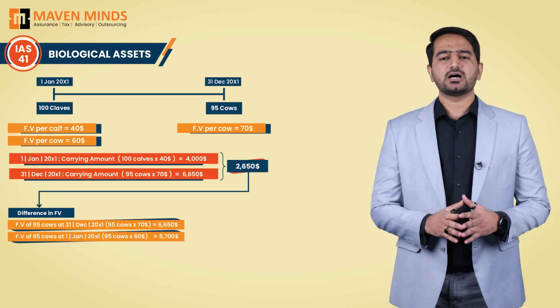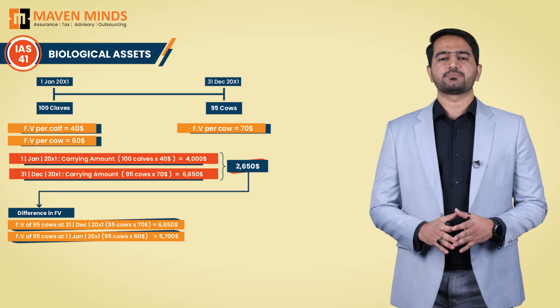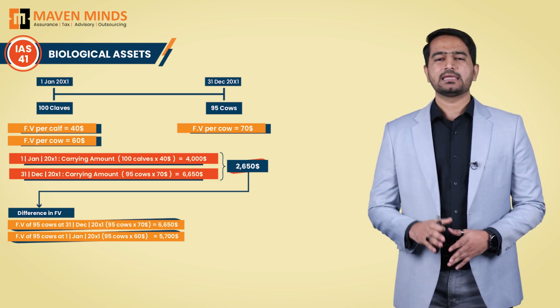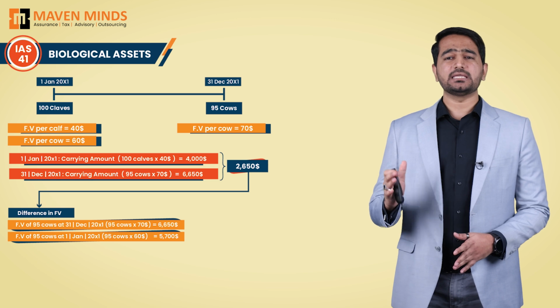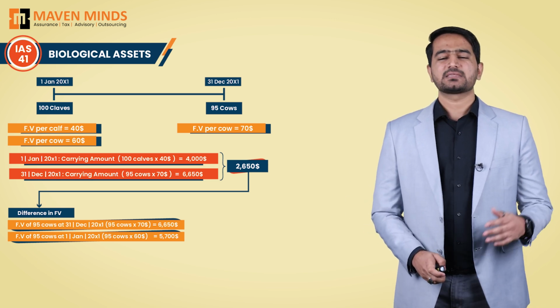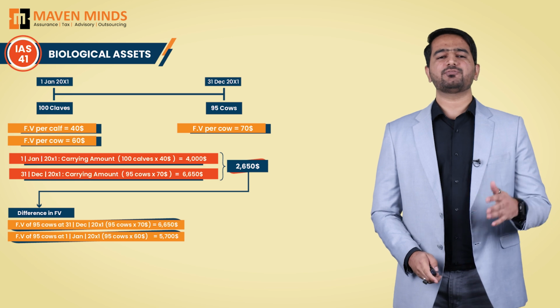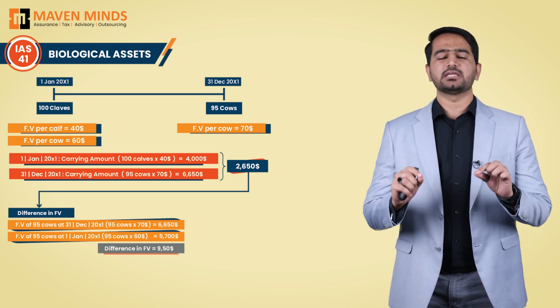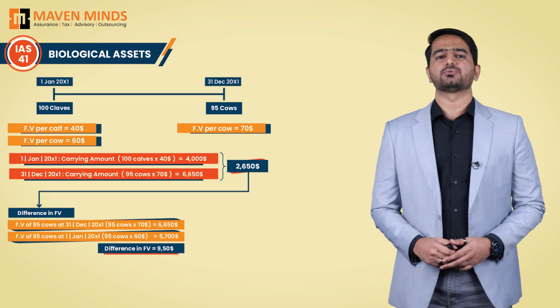So 95 cows multiplied by $60 is equal to $5,700. Then compare this with the year-end values using the year-end price, which is $6,650. So the difference of $950 is due to changes in fair value.